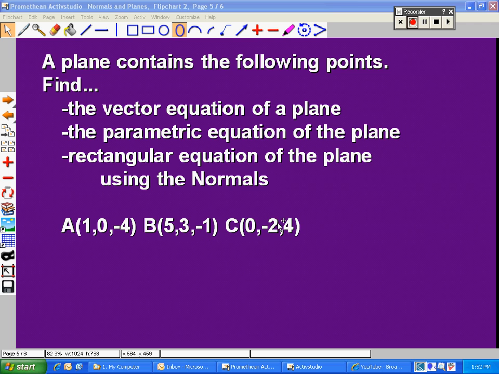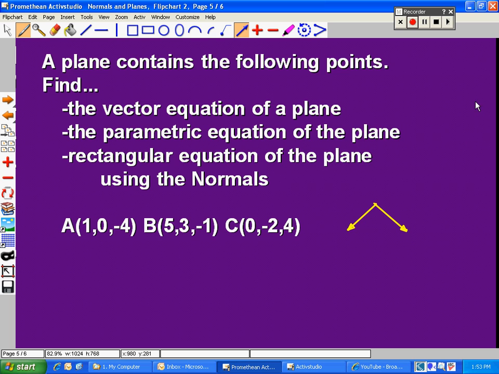If I'm given 3 points in space, how would I find a normal vector? So if we think back to normal vectors, we have 3 points A, B, and C. Before we talked about vectors AB and AC.